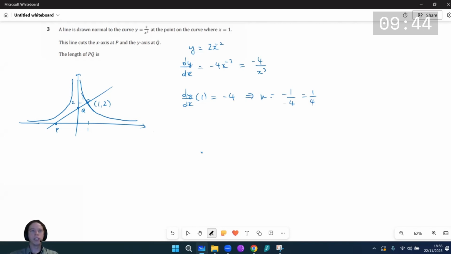Okay, so I know the formula y minus y naught equals m times x minus x naught, for a line that goes through the particular point x naught, y naught with gradient m. So I'll just use that. We have y minus 2 equals a quarter times x minus 1.